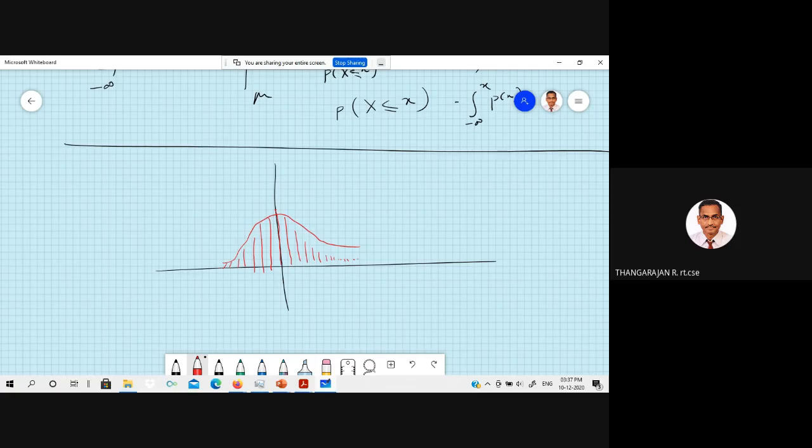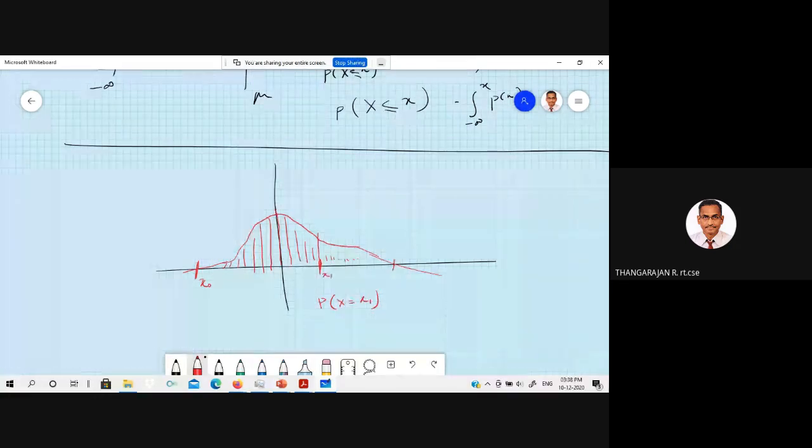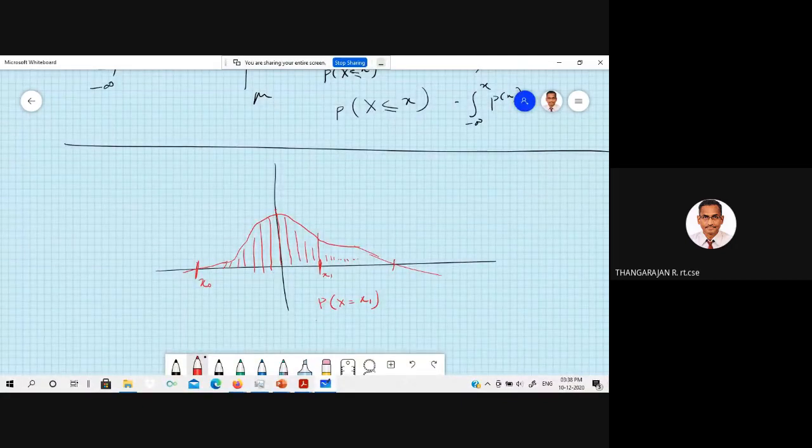Okay. Now in this case, suppose I want to find the probability up to this point. Here I cannot go up to infinity. It will naturally be some value here and some value here. Say for example x naught. I want to find the probability that x is equal to some small value x1. This is x1. Now what should I do? I cannot integrate because this is not a continuous function. It is a discrete function.